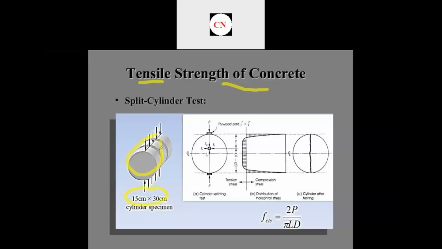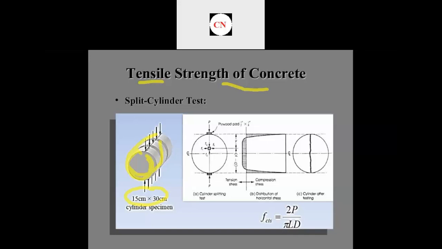Then we need to keep the specimen as shown in the figure under the CTM, and capping should be done properly. That means the tips of the cylindrical sample should be protected so that immediate crushing does not happen.